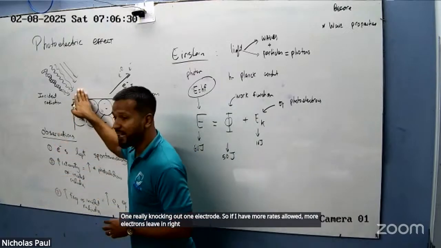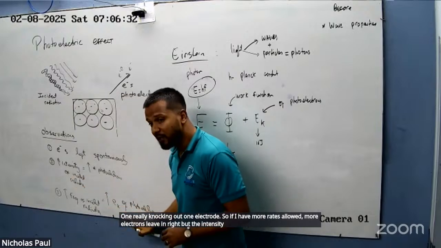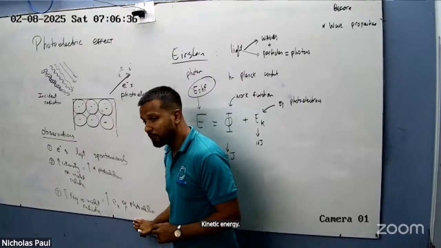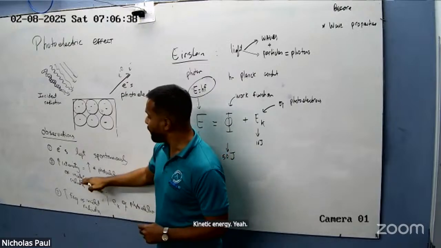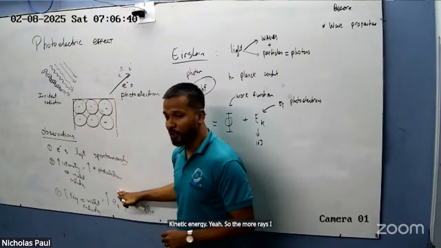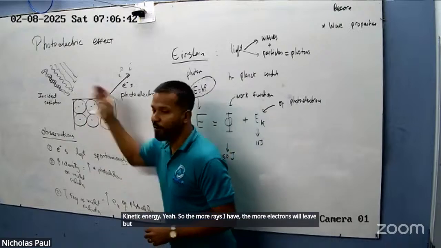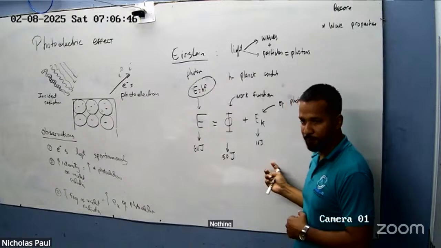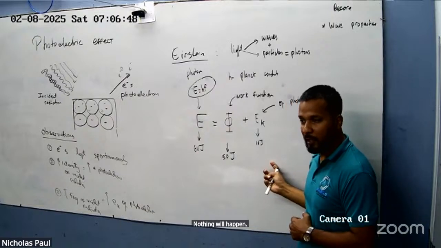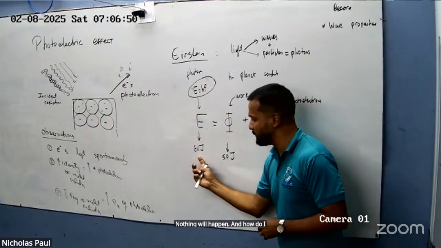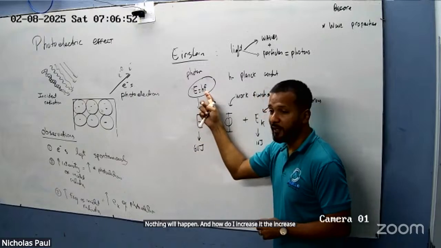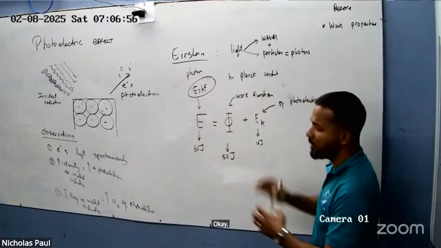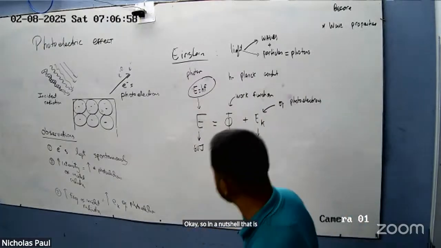But the intensity had nothing to do with the kinetic energy. Are you okay with that? So the more rays I have, the more electrons will leave. But if these rays come in with energy 20 joules, nothing will happen. And how do I increase the joules? Increase the frequency. So in a nutshell, that is your photoelectric effect.